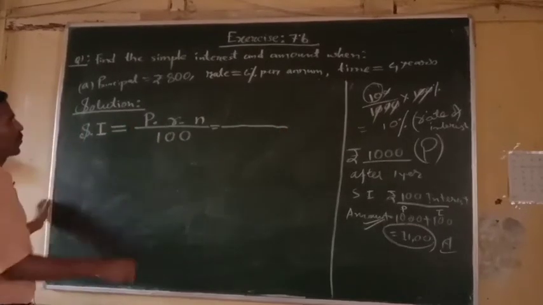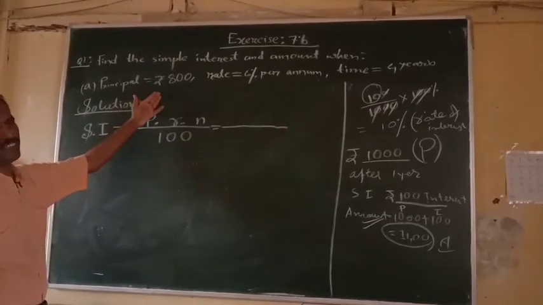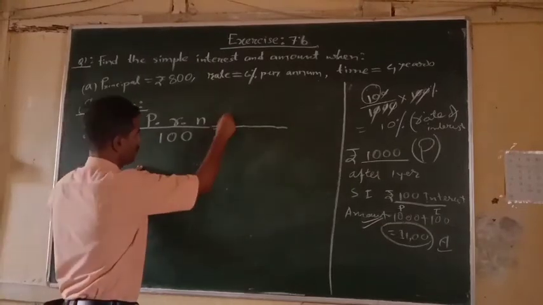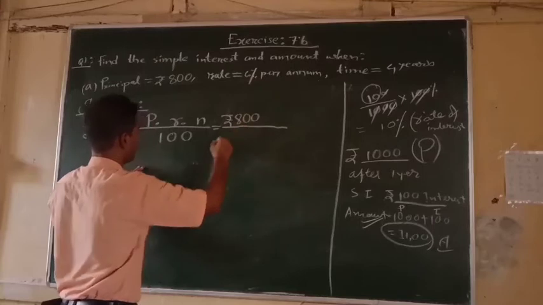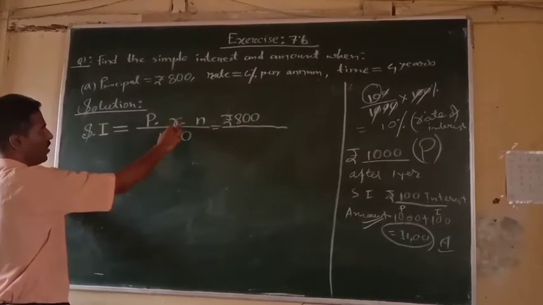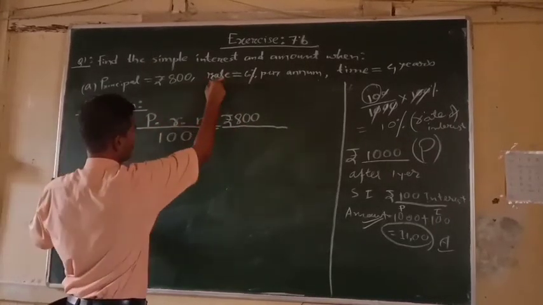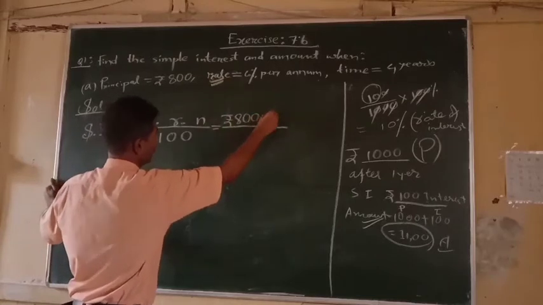Now see in the following step. In our question, P is given as rupees 800, so in place of P we'll put 800. R, rate, is given 6%, so I'll write 6.